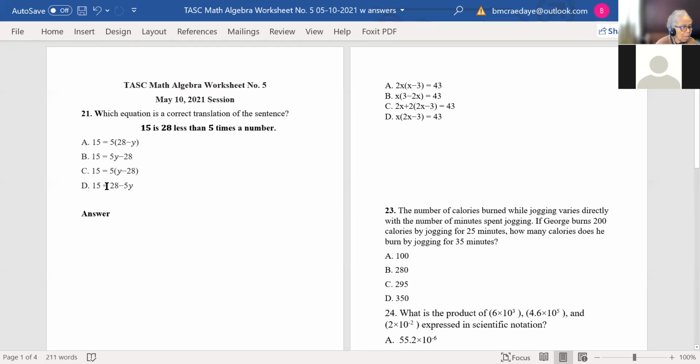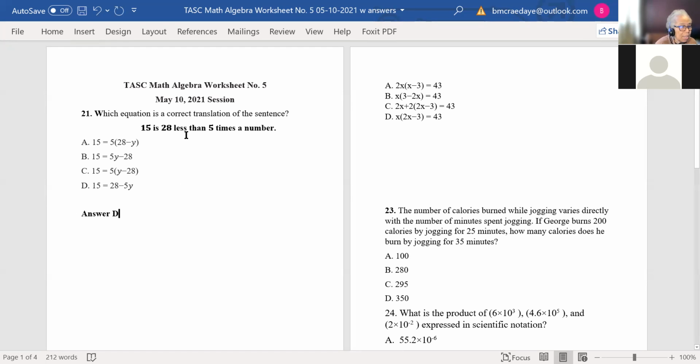Okay, 28 less than 5 times a number. No, Maureen, you're right. 28 less than 5 times a number. That's 5 times a number subtracted. No, you're right. D is correct.